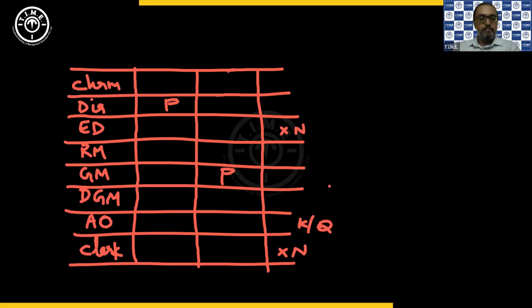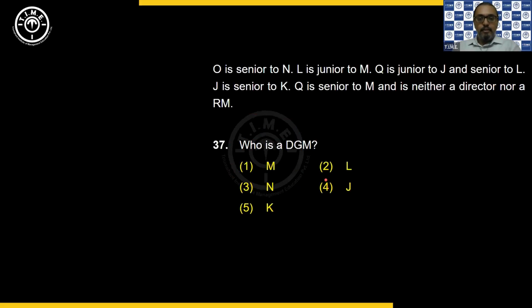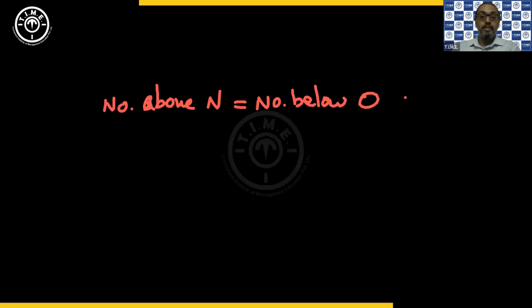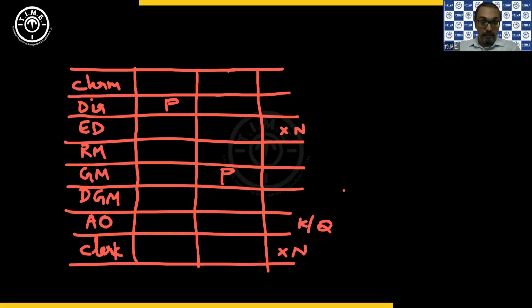So let us see. Now he says O is senior to N. So when he says O is senior to N, O has to come above N. Now look, N cannot be clerk, so O cannot be chairman.